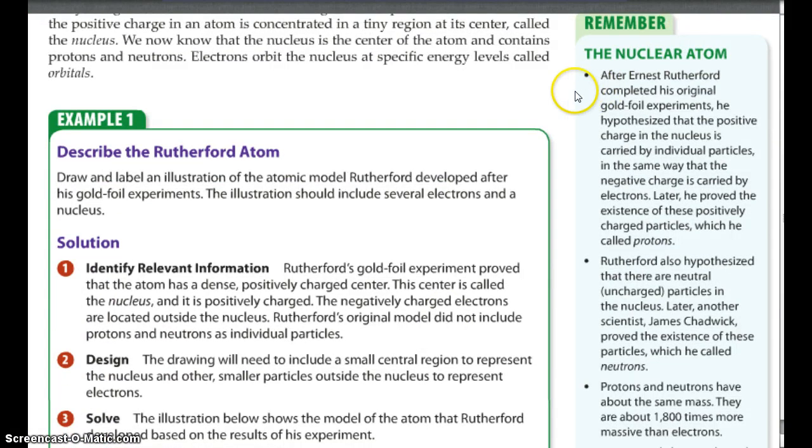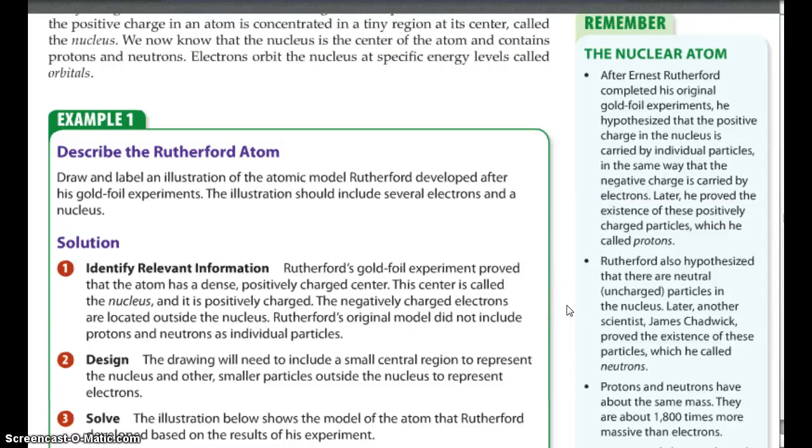Remember the nuclear atom. After Ernest Rutherford completed his gold foil experiments, he hypothesized that the positive charge in the nucleus is carried by individual particles, in the same way that the negative charge is carried by individual particles called electrons. Later, he proved the existence of these positively charged particles, which he called protons.